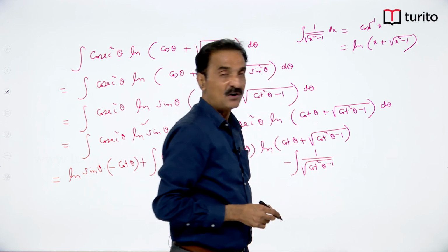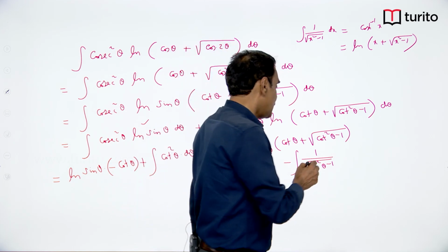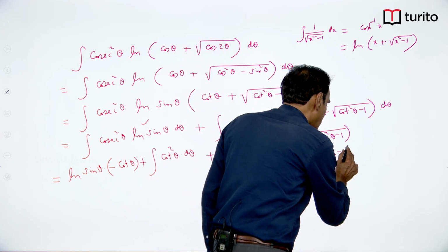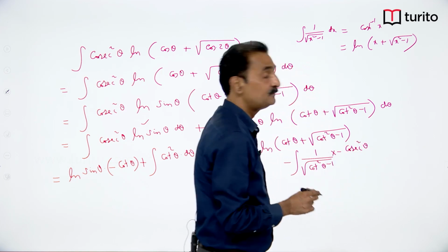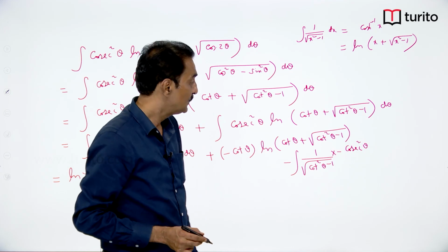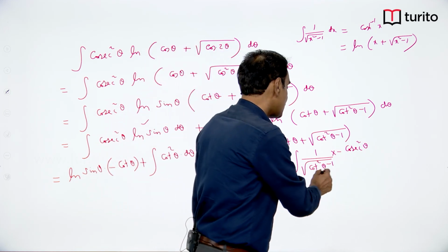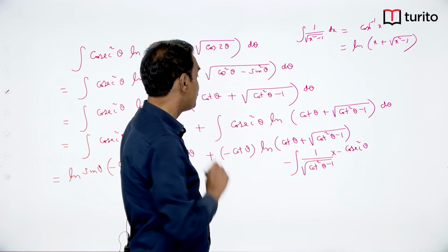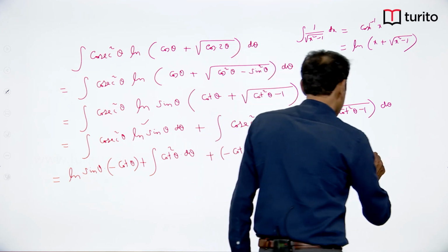Since we have assumed that cot theta is x, we have to multiply by the derivative of cot theta. Derivative of cot theta is minus cosecant square theta. Okay. Now this is derivative of the first function into integral of the second function, which is minus cot theta.